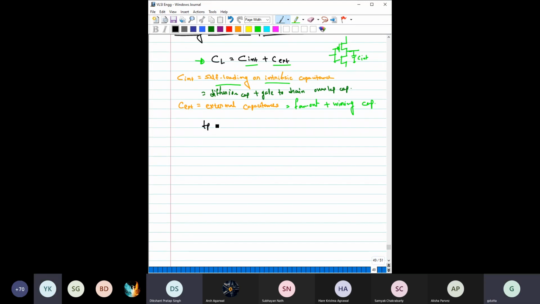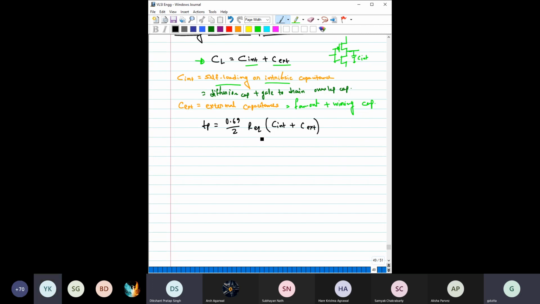Okay, now see, we have also seen that TP, the total propagation delay, we can write like this: 0.69 R equivalent. Now we are saying that this is the equivalent resistance, because now we are not considering the individual capacitances. Let me put it like this: C internal, C external.